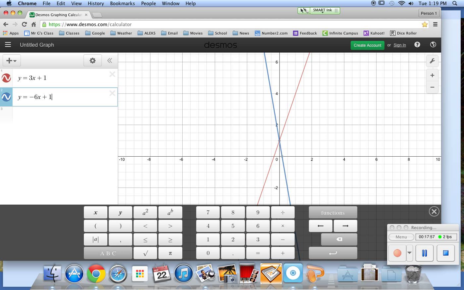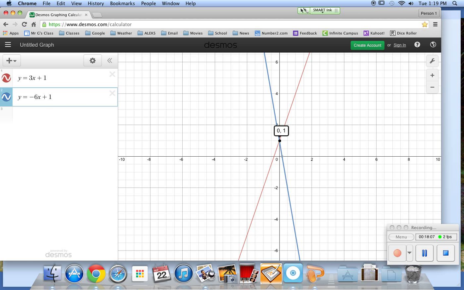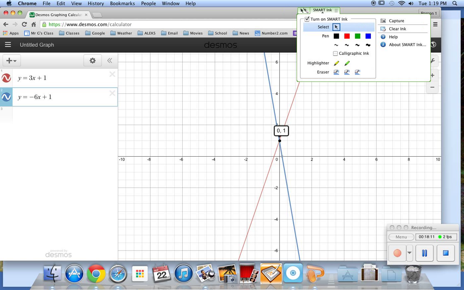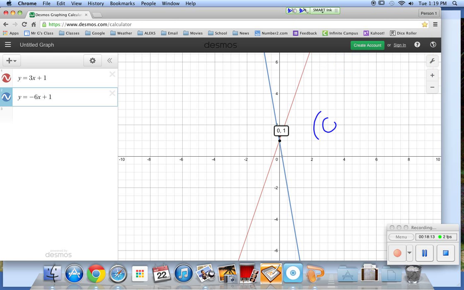If you notice, this is where they say solve it by graphing. If you notice where my y is and my x is, this point right here is 0, 1. That's my coordinate. If I put my coordinate in here of 0, 1, that would be the solution for those two equations.